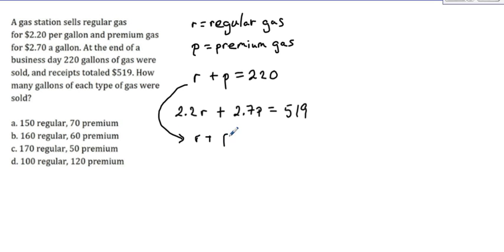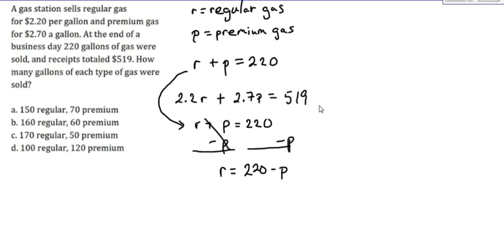We have R plus P equals 220, and what I'm going to do is subtract the variable P from both sides of the equation. That will give us R by itself, and on the right side we will get 220 minus P.